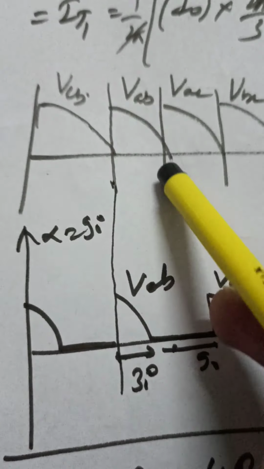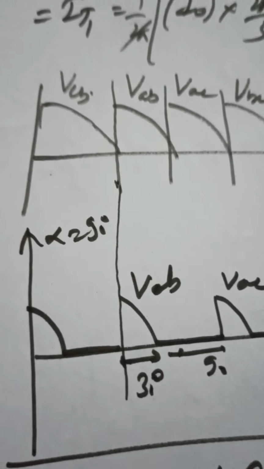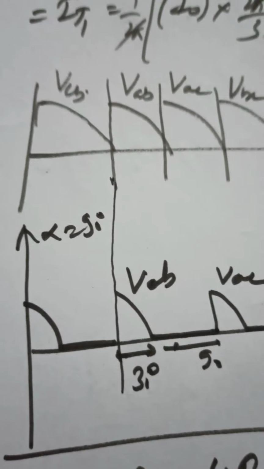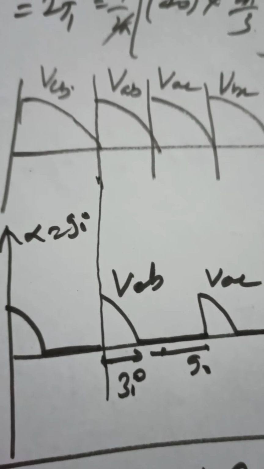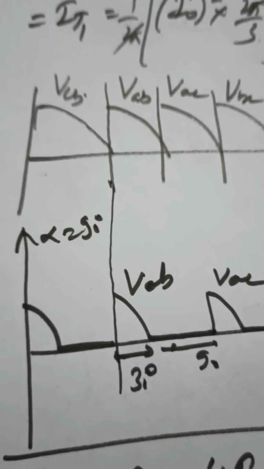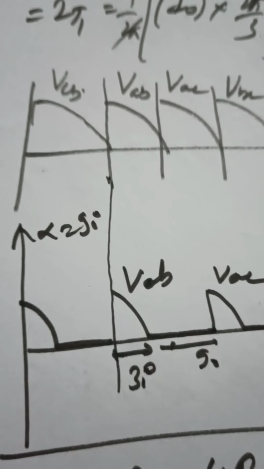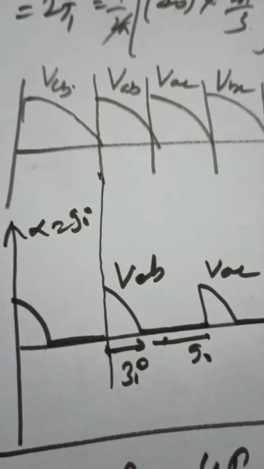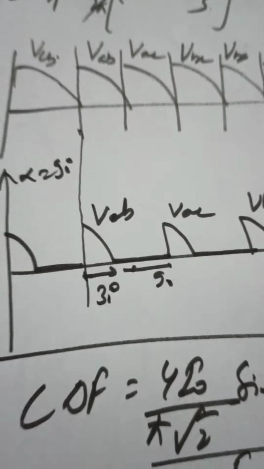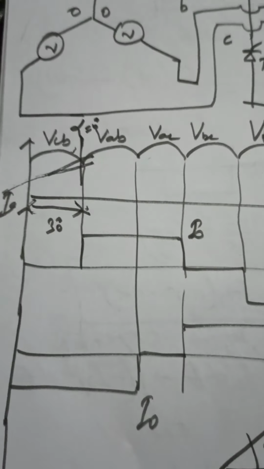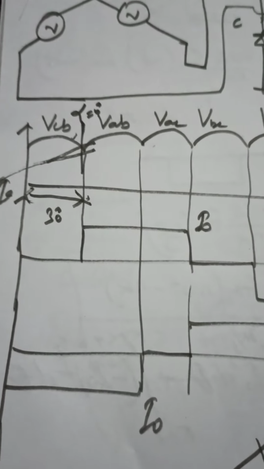That's why I have shown you the peak voltages directly. For alpha equals 60, the conduction will begin from theta equals 90 degrees. Clear? This part is very, very important. If this is clear, I will come to the value of alpha equals 90.